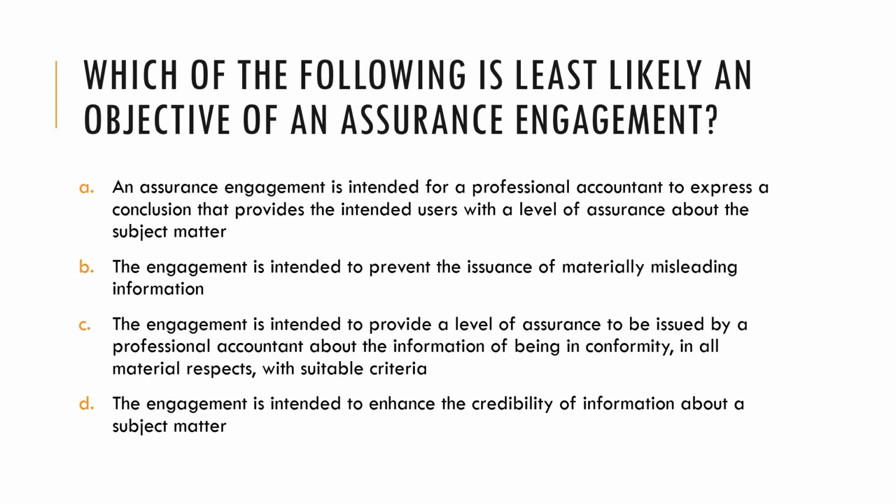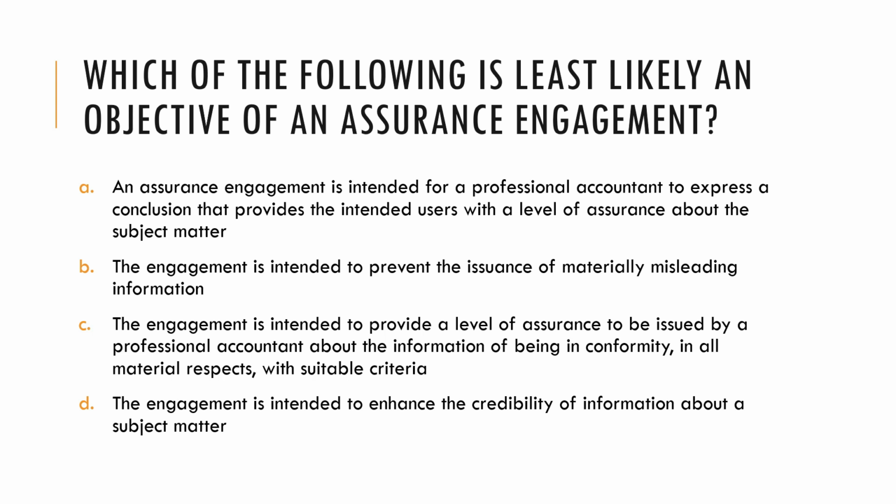Next question. Which of the following is least likely an objective of an assurance engagement? So we go back to the very fundamentals of assurance engagement. Letter A, an assurance engagement is intended for a professional accountant to express a conclusion that provides the intended users with a level of assurance about the subject matter. Or letter B, take note that we're looking for the least likely.